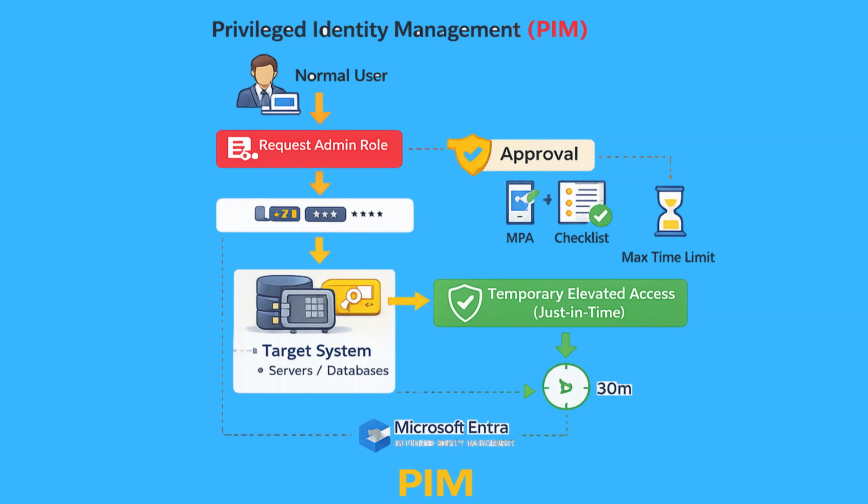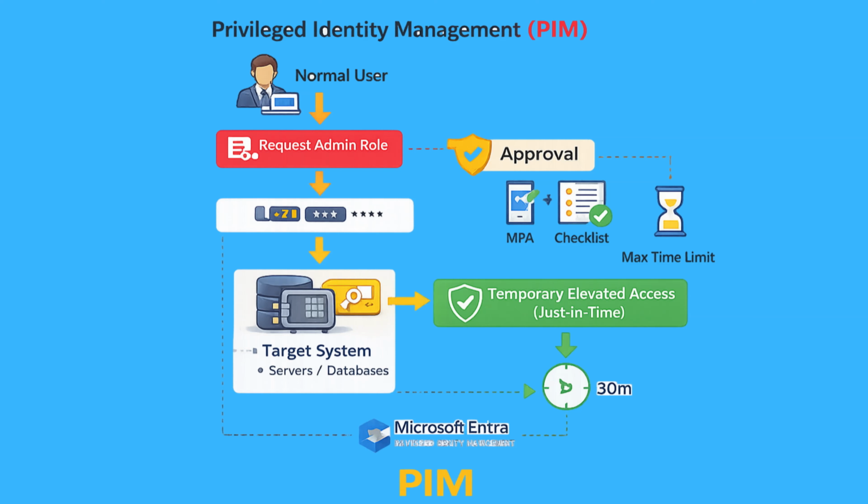Privileged Identity Management, or PIM, introduces the concept of just-in-time administrative access. Instead of permanently assigning administrative roles, users activate privileged access only when required. For example, a user may normally operate as a standard employee, but when they need to perform administrative tasks, they temporarily activate an elevated role.